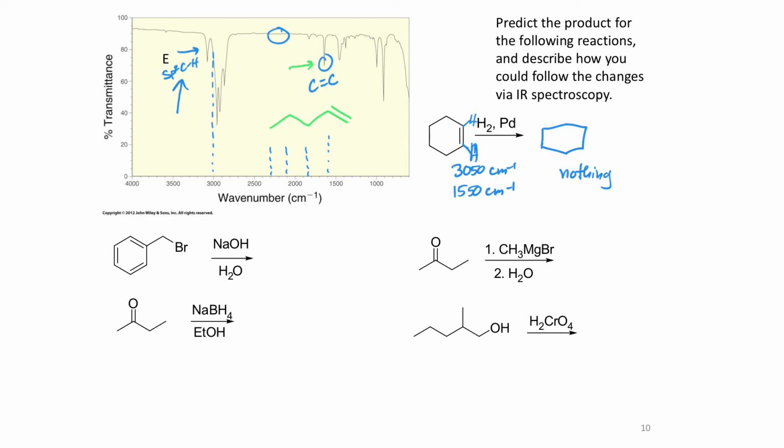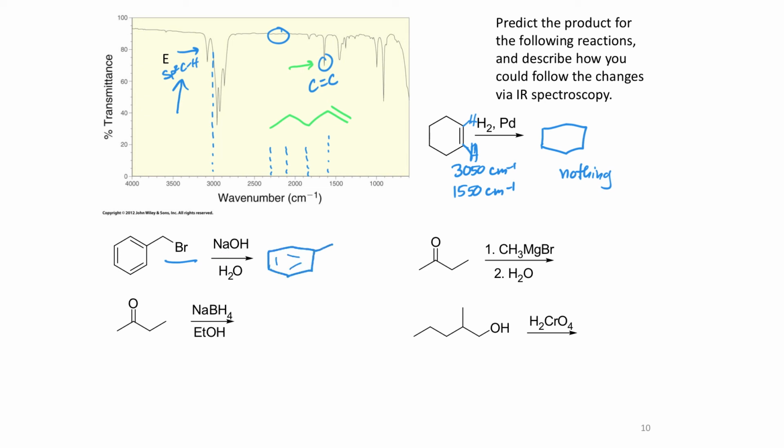If we look at this reaction here, we have an alkyl bromide. We're reacting that with NaOH, strong base, strong nucleophile in water solvent, the conjugate acid of NaOH. This is a primary carbon. There is no beta hydrogen, so really the only thing the OH can do is a substitution.